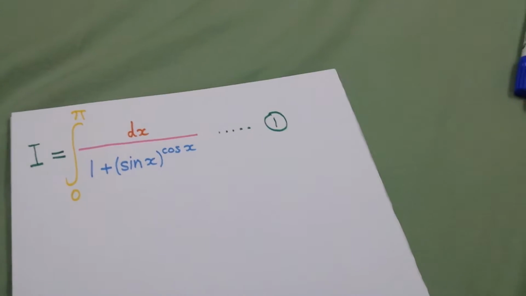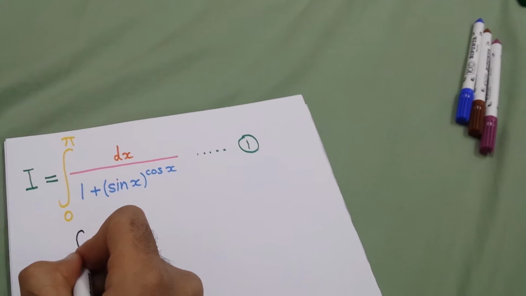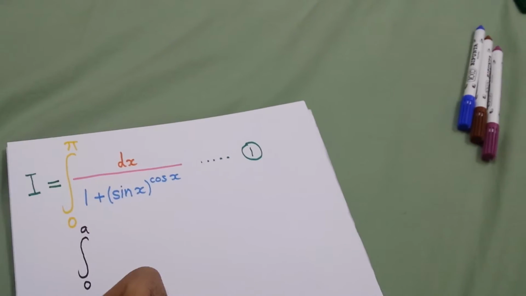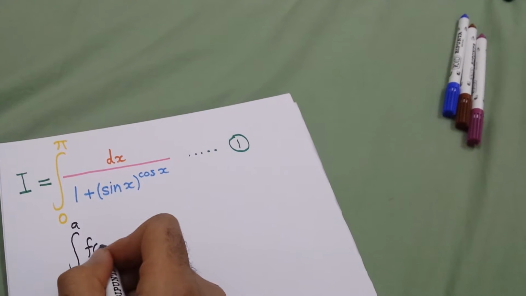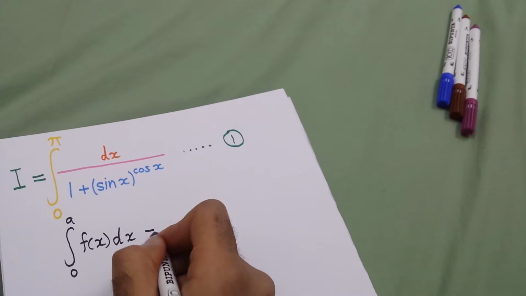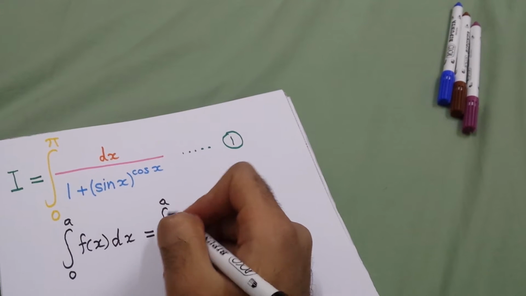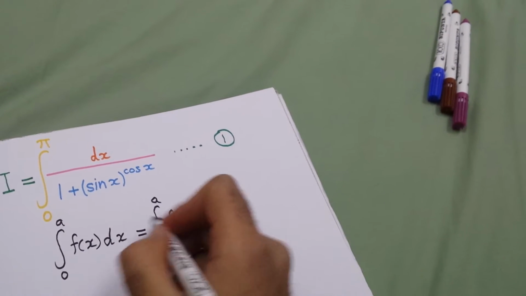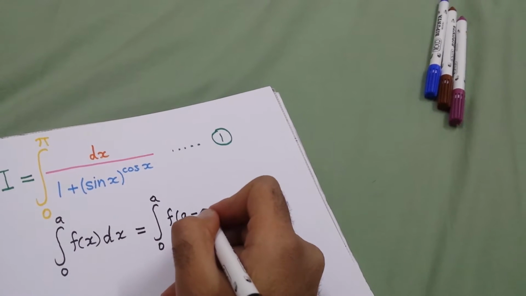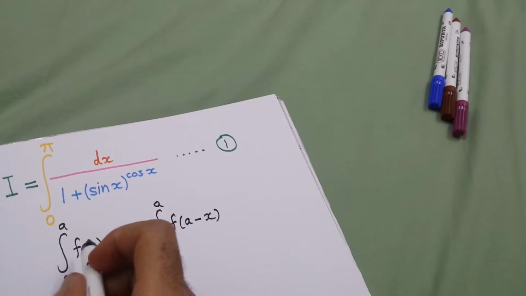Now we will use the property that the integral from 0 to some value a for a function equals the integral from 0 to a, if instead of x it will be a minus x, which is just a substitution.